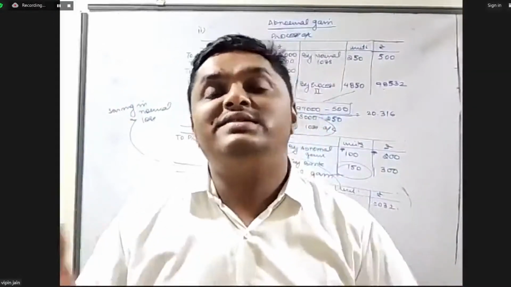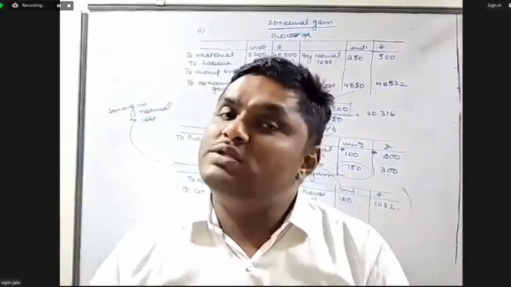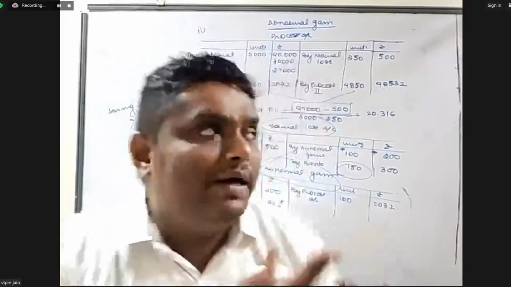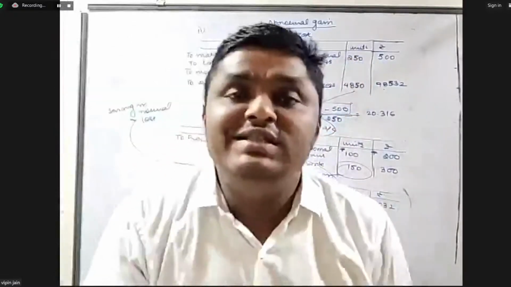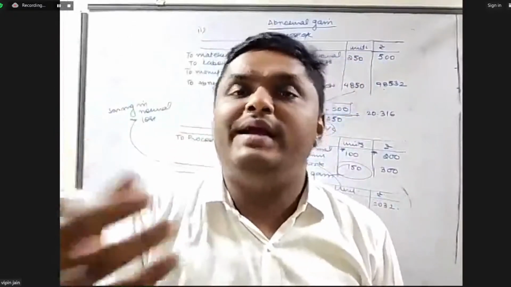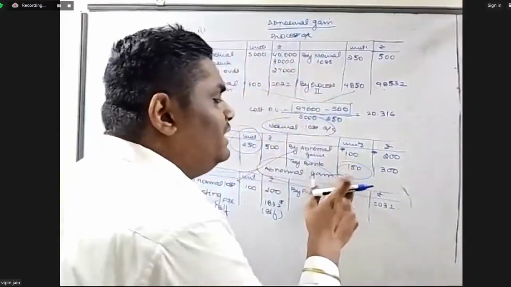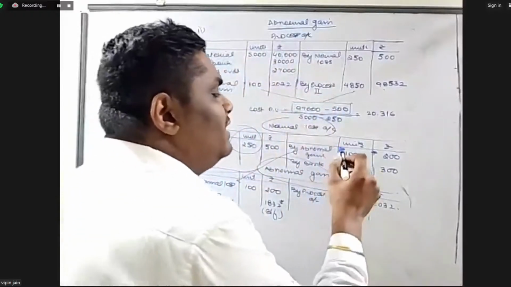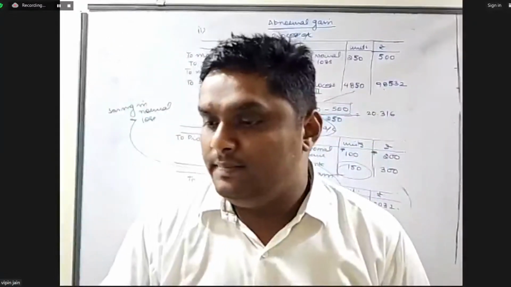These 100 units are adjusted against abnormal gain. Why? Because we were predicting a loss of 250 units. However, there is a saving of loss of 100 units. It means the units that are actually scrapped and sold in the market is only 150 units. The balance units are adjusted against abnormal gain.